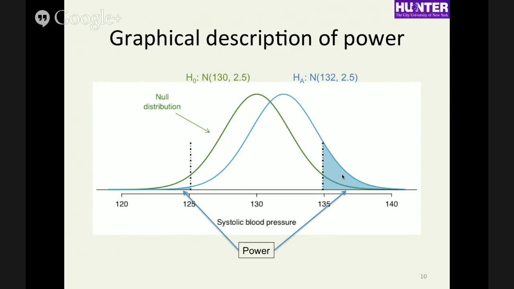And the trade-off that you make there is that even if the alternative is true, you're going to fail to reject it more often, because you're creating a bigger range of blood pressures where you don't reject the null. Yes?